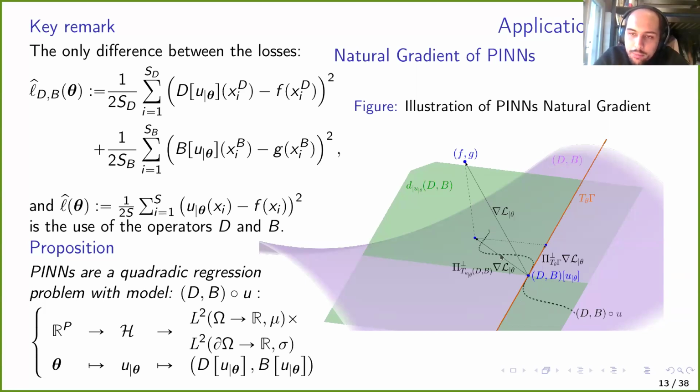So it is a subspace in the space H of solutions. And so we reproject into the image of this approximation space. And this is the natural gradient of PINNs.